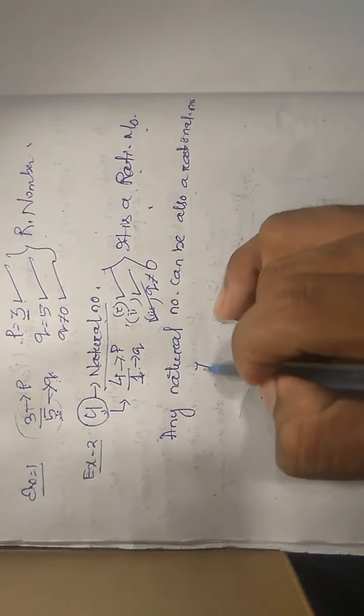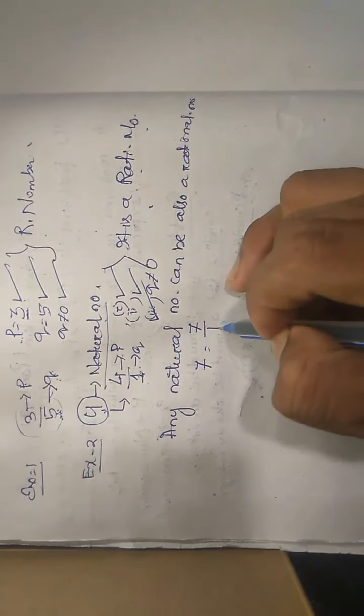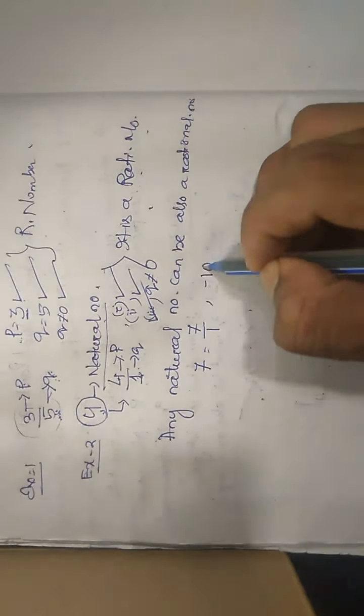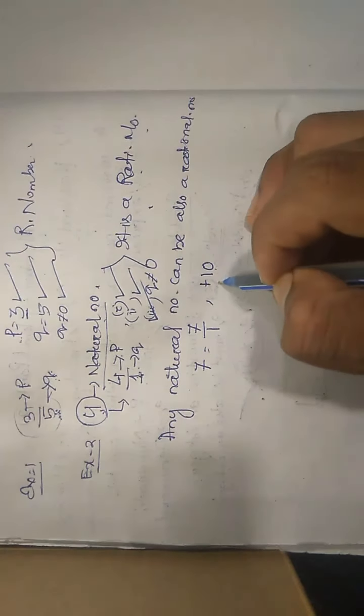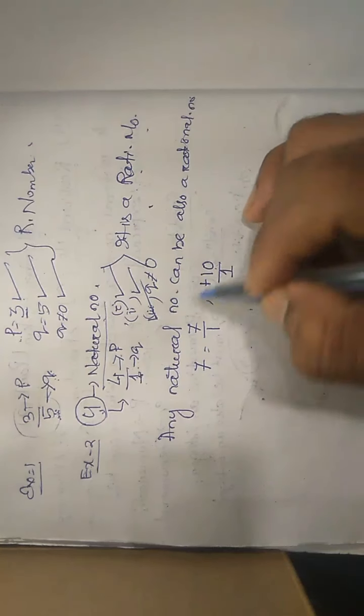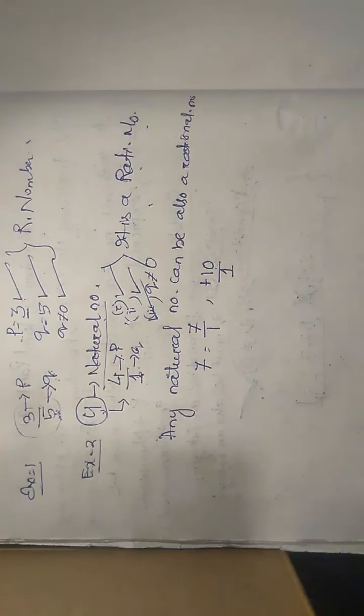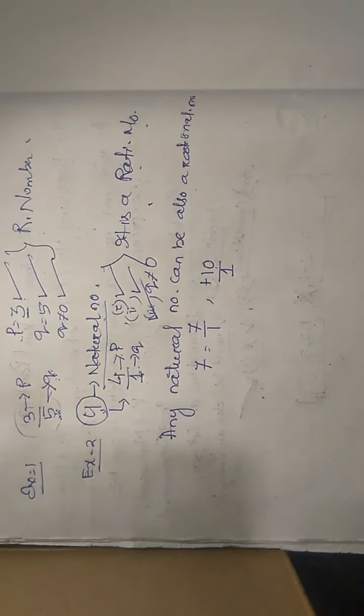Suppose I am writing 7, then 7 can be written as 7 by 1. If I am writing minus 10, sorry, I am taking the example of natural number, so plus 10 can be written as 10 by 1. So any natural number can be expressed as a rational number.